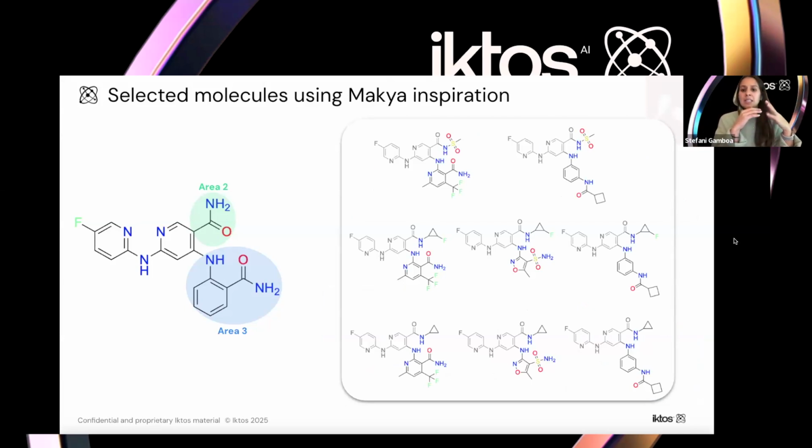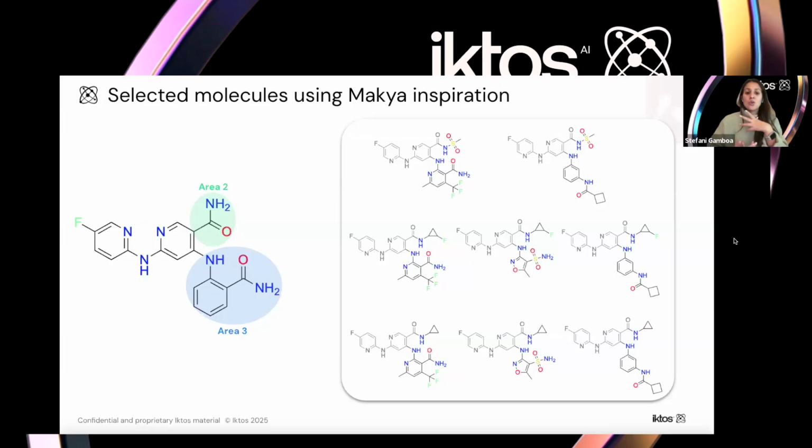So here I'm highlighting designs that incorporate the best elements we saw: improved substituents in area 2 for selectivity, and polarity adjustment in area 3 to help permeability, while still preserving the core TYK2 interaction. These molecules were assessed against QSAR, PIC50, and CACO2, clearance global model, and also redock.